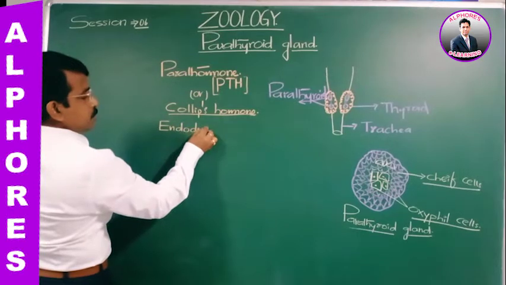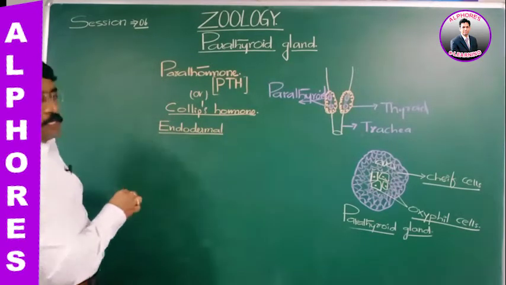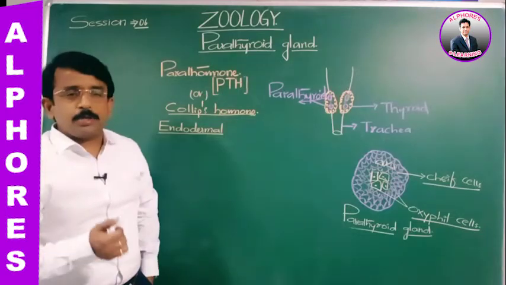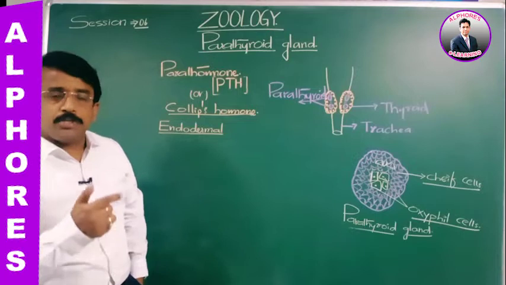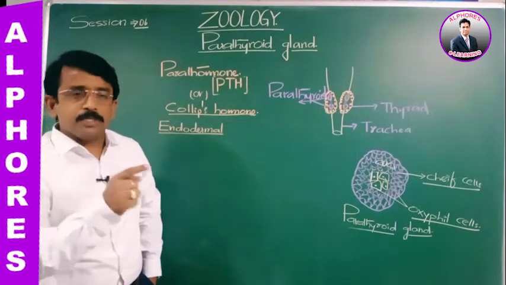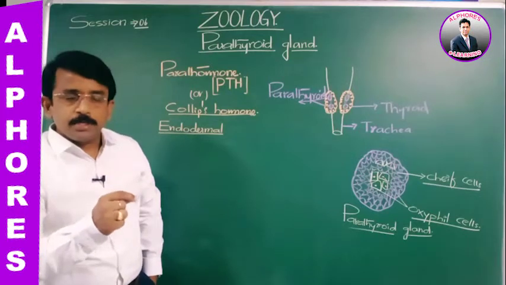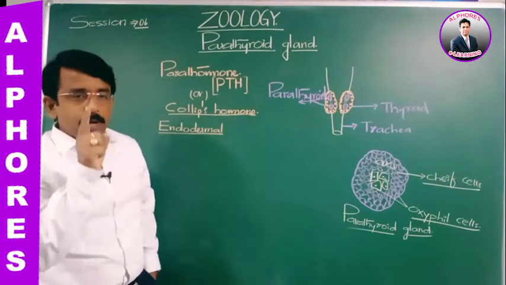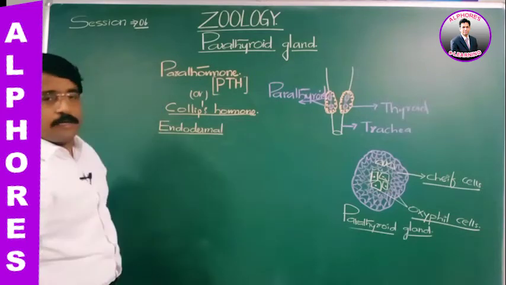Endodermal. We have discussed the list of the endocrine glands. The ectodermal origin ones are pituitary, pineal, hypothalamus, adrenal medulla, whereas mesodermal are adrenal cortex, kidneys, thymus and gonads, whereas endodermal origin are thyroid, parathyroid and pancreas.